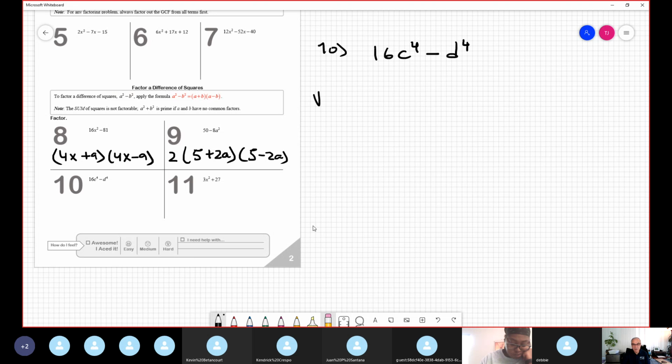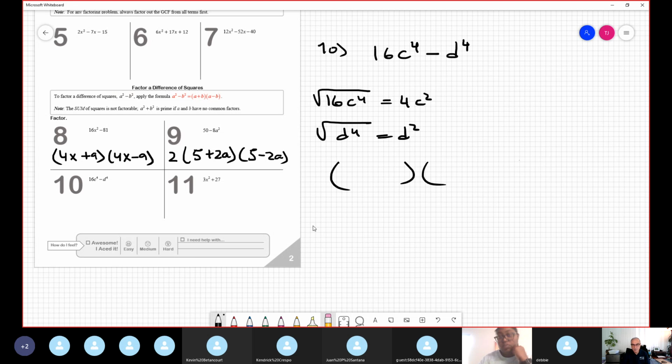Now the square root of this guy is 4c squared, and the square root of this guy is d squared. So you open two parentheses. You put 4c squared, 4c squared, d squared, d squared, plus or minus.